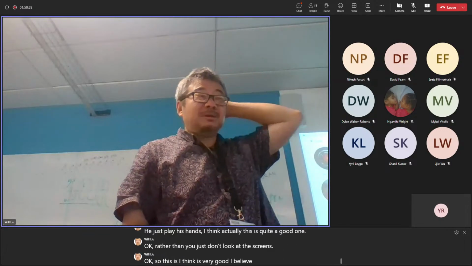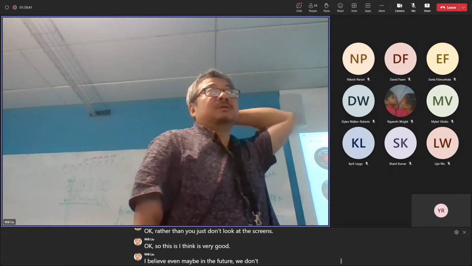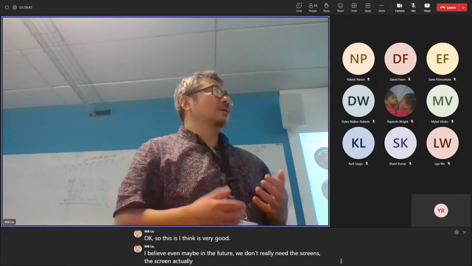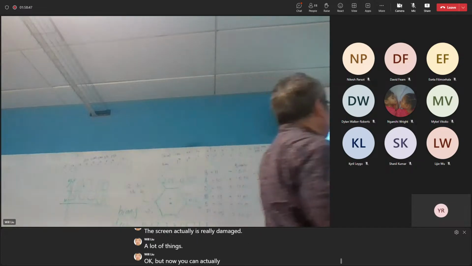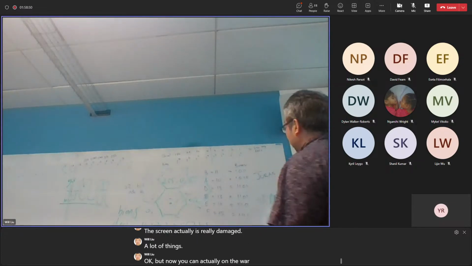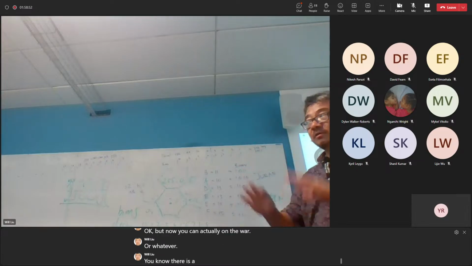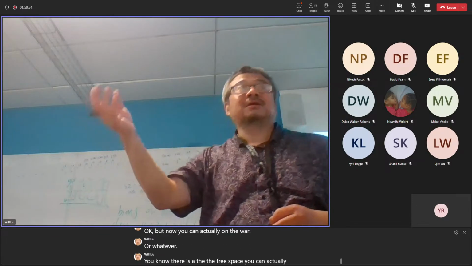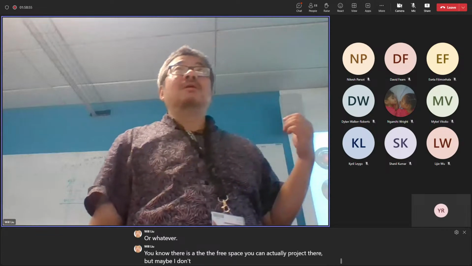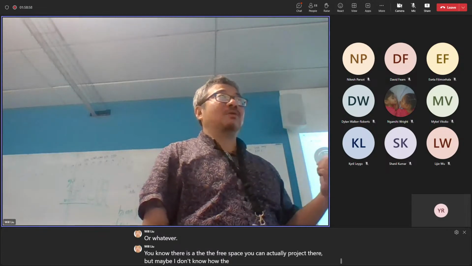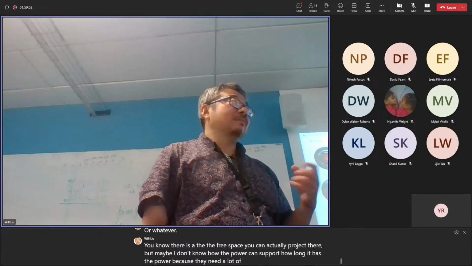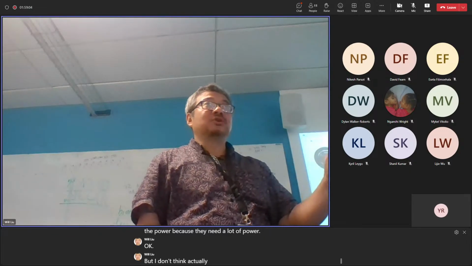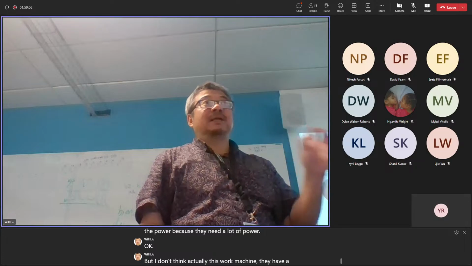I believe maybe in the future we don't really need screens. The screen actually damages a lot of things. Now you can put it on the whiteboard or any free space and project there. But I don't know how long the power can support it, because it needs a lot of power, and I don't think this small machine has a big battery.